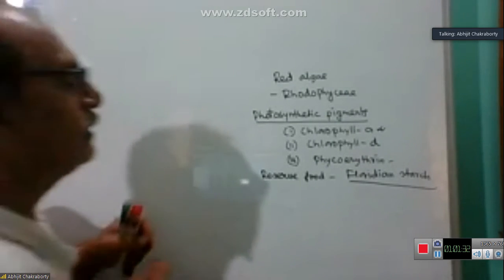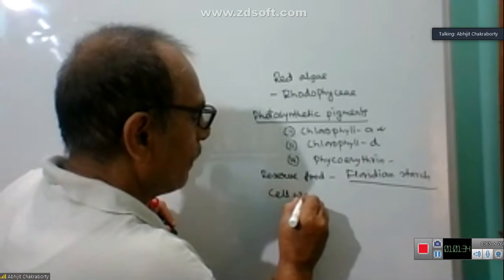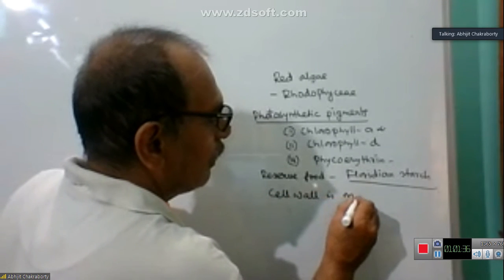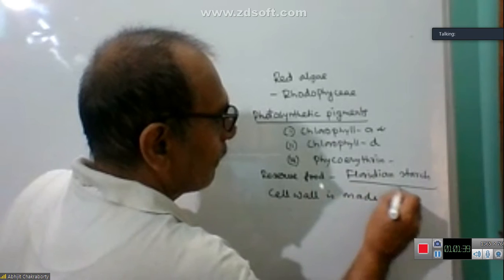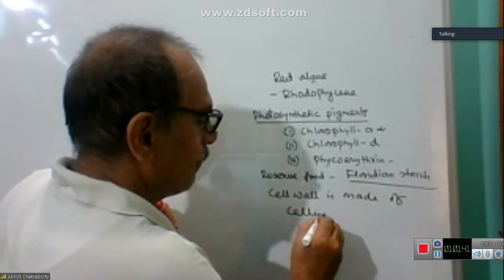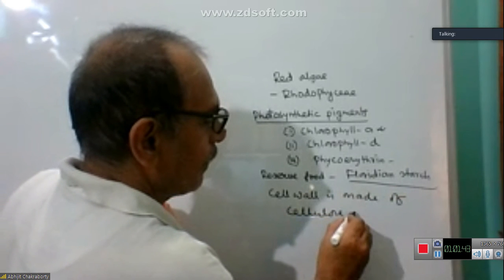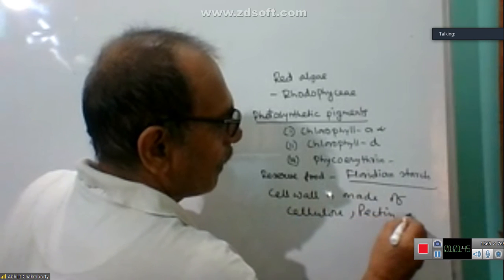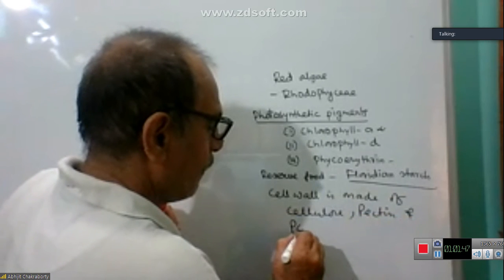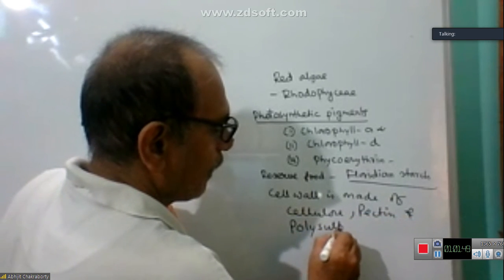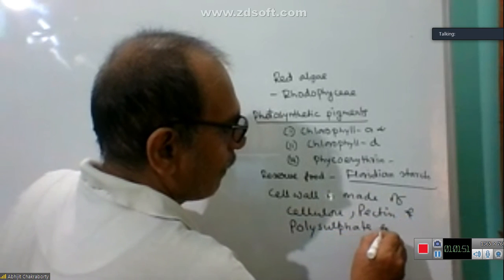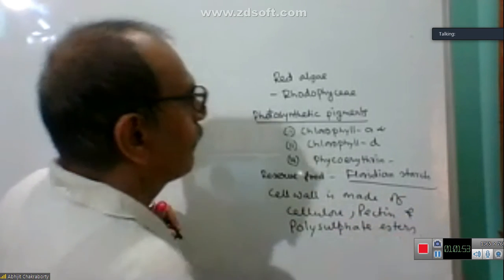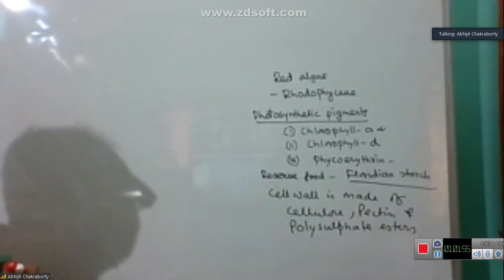And the cell wall is made of cellulose, pectin and polysulfate esters.